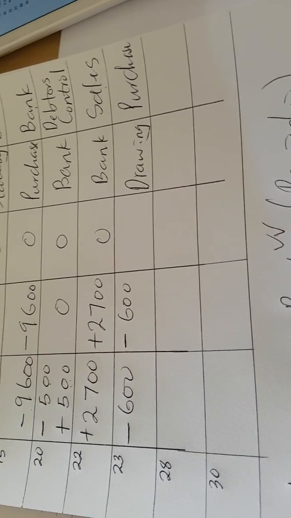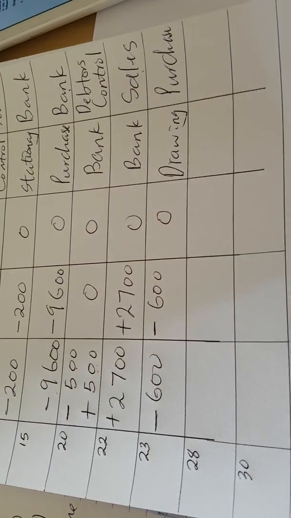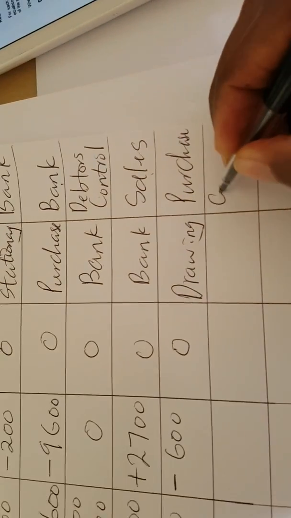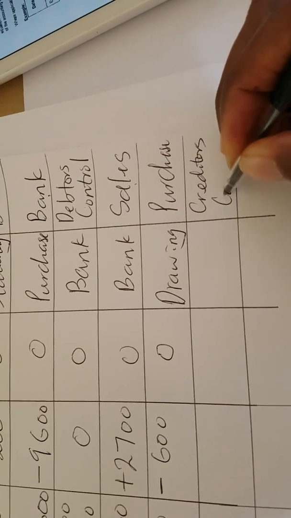Let's move to question number 28. We have bought plumbing material on credit, 5,000. If you buy on credit, you create what you call creditors control.